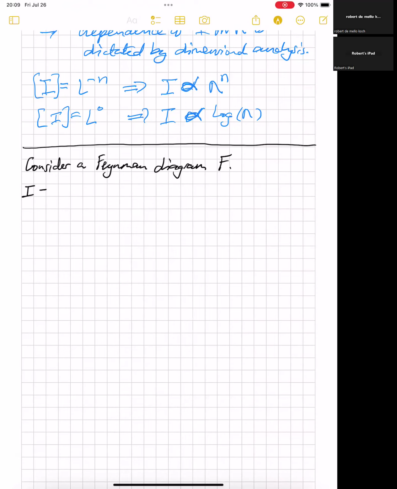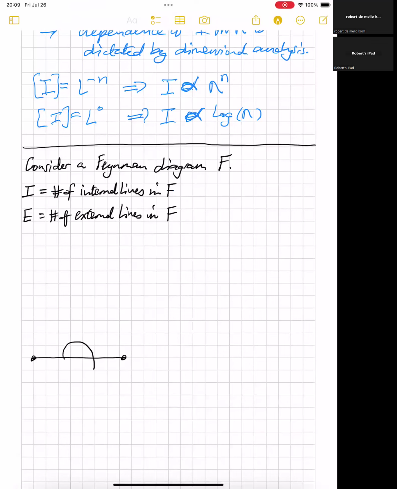We want to introduce the integer I, and I is equal to the number of internal lines in F. E is equal to the number of external lines in F. Here's just an example. I think you know what we're talking about, but always good to have an example in mind. For this Feynman diagram sitting over here, there would be 3 internal lines because there's 3 lines that stretch between vertices, and there would be 2 external lines because there are 2 lines that connect to the external points.